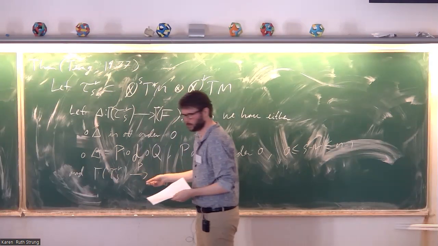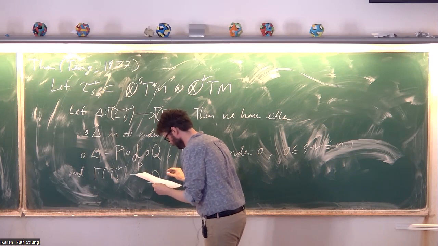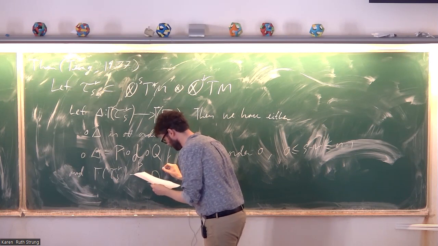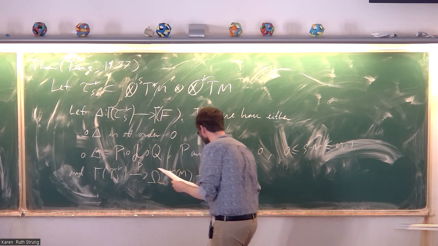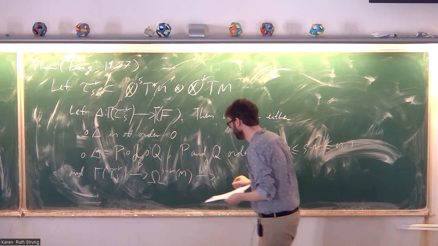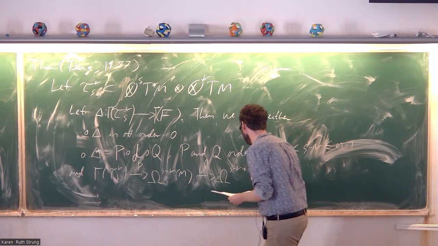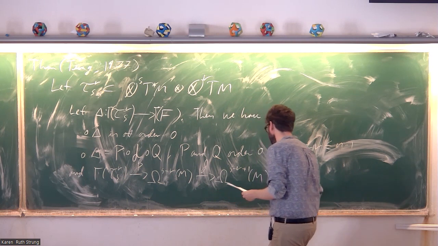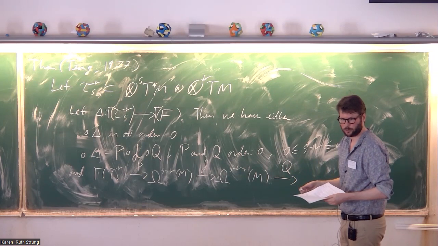And this P just goes into the forms. Then you apply the D to go to some higher forms. And then you do another 0-order operation to go to some other natural bundle.